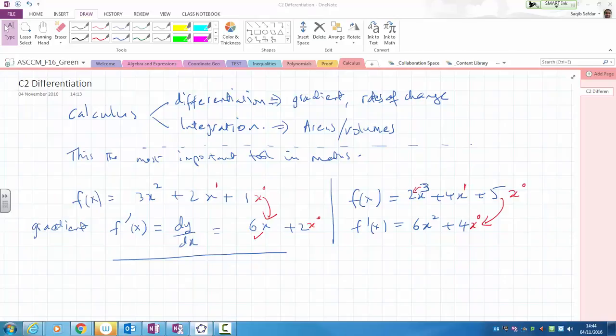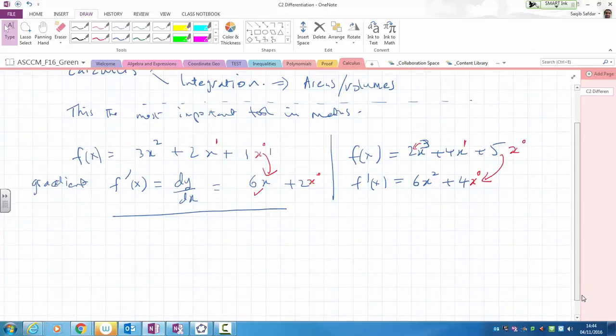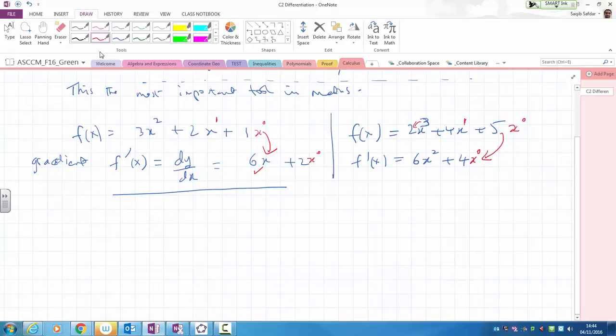Well, in fact, let's just write out the rule using algebra. If I've got f(x) equals ax to the power n plus c, then f prime x is n times ax to the power n minus 1, and the c just becomes 0.